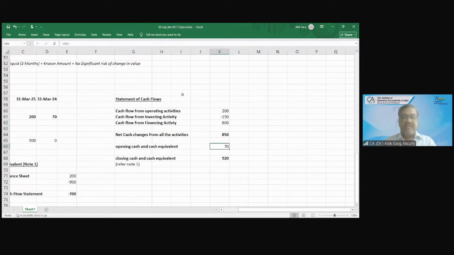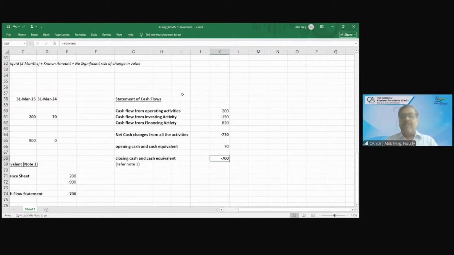So opening cash and cash equivalent is 70. Cash flow from financing activity is, let's say, minus. We have to arrive at negative 700, so minus 580, 120, minus 820.